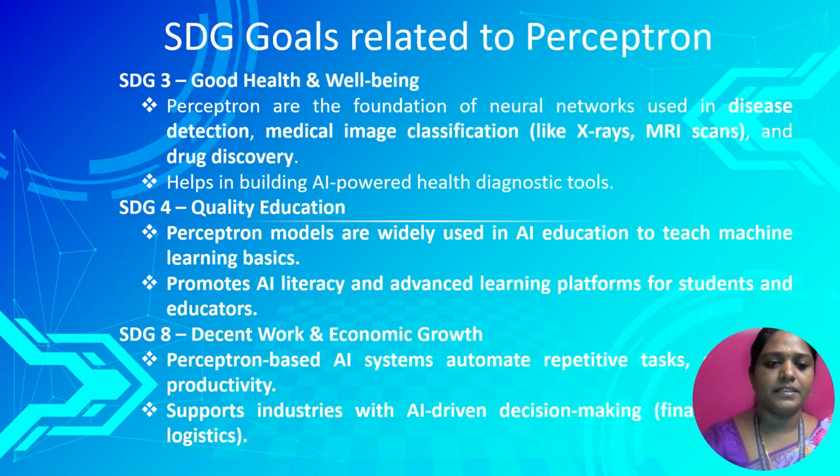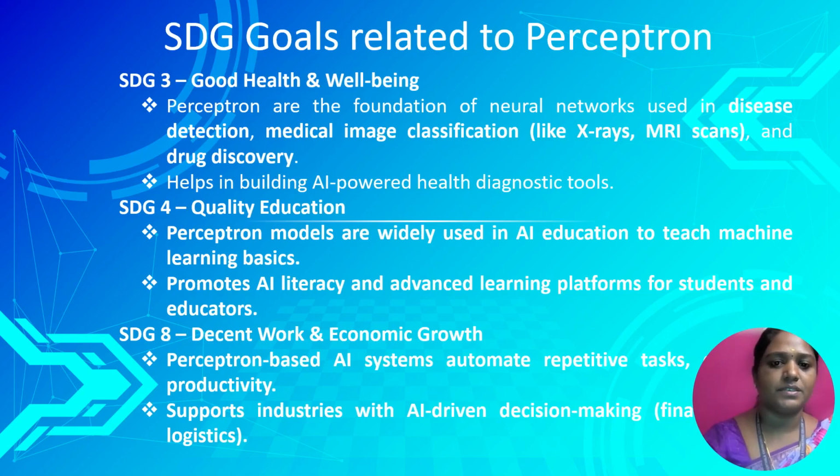In this slide, the SDG goals related to perceptrons are shown. It is mapped with SDG 3, good health and well-being. Perceptrons, as the foundation of neural networks, are used in disease detection and medical image classification. They are applied in X-rays, MRI scans and drug discovery, and also help build AI-powered health diagnostic tools.